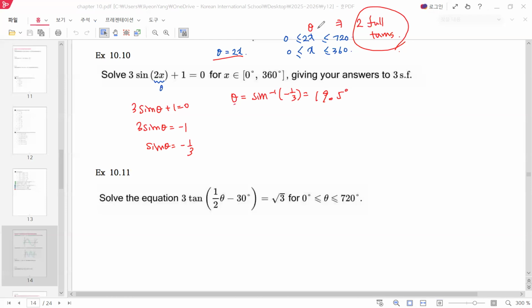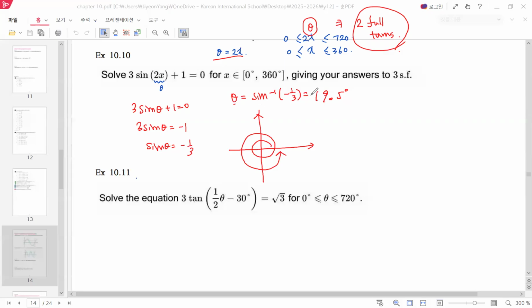This is theta. But since theta ranges in 2 full turns, okay, 2 full turns. Keep this in your mind.